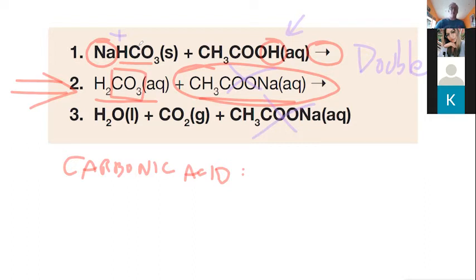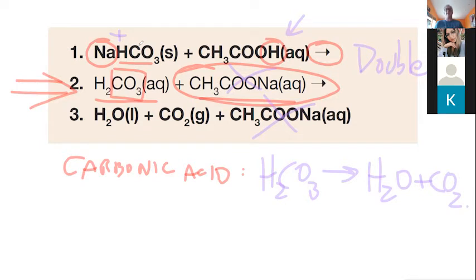What does happen, though, is that the carbonic acid forms H2O and CO2. What kind of reaction is that? Acid base. Sort of. It's also something else.